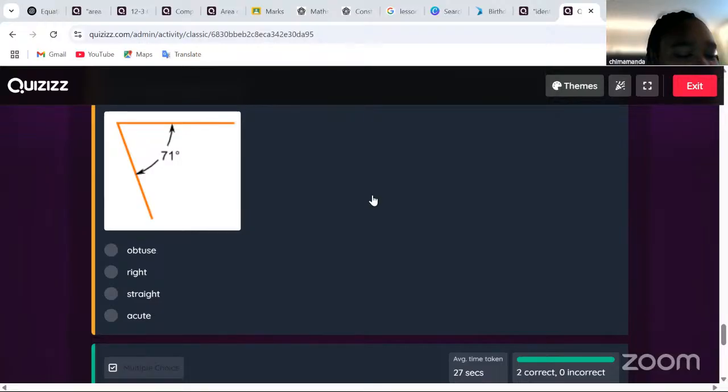Right angle. Are you sure it's a right angle? Look at it very well. It's less than 90 degrees. Less than 90, but greater than 0.